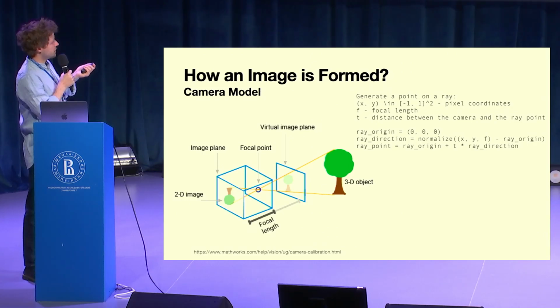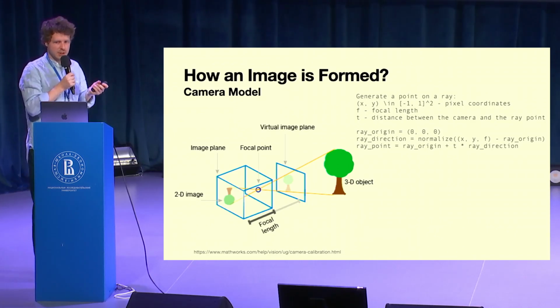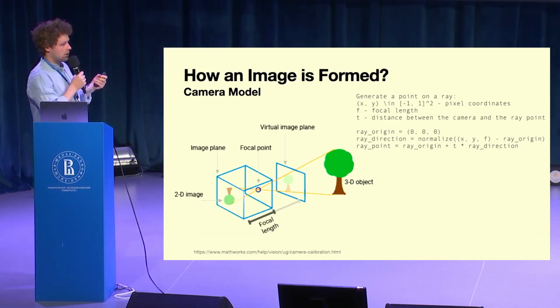So we take a point on a plane, a pixel coordinate. We take a focal length, the parameter which says how far this side of the shoebox is from this side of the shoebox. And then we take a parameter t, a distance the light travels to some point on a ray.